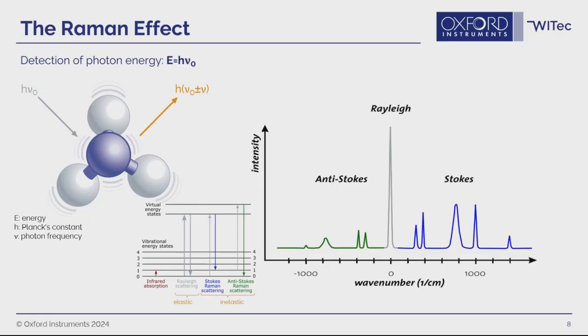Then the light interacts with the matter, the virtual energy state is excited, and then the relaxation goes back to the ground state. So, as said before, the energy of the light after the scattering process is higher than before.